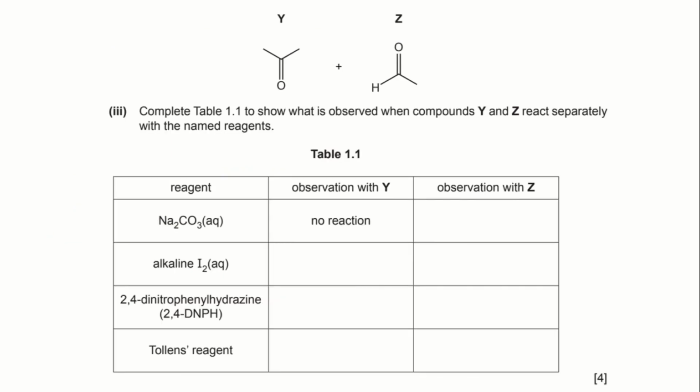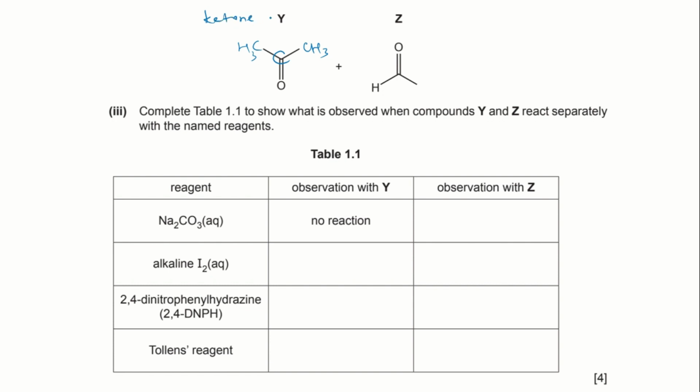Now, part 3 will be about compounds Y and Z reacting with different reagents. So let's look at compound Y. It has the C double bond O functional group, and the C in the functional group is bonded to 2 alkyl groups. So Y is a ketone.